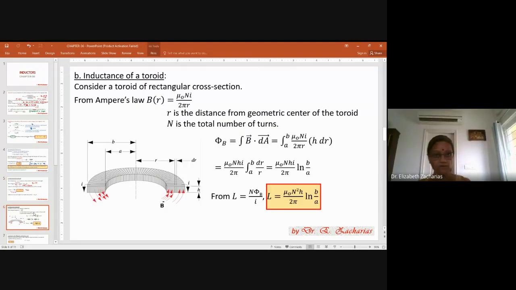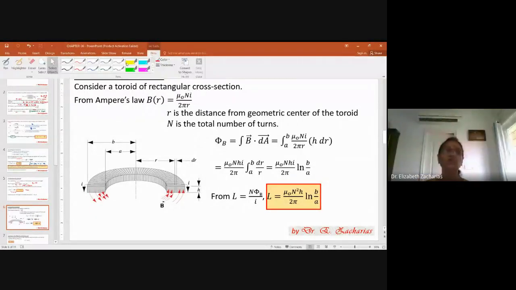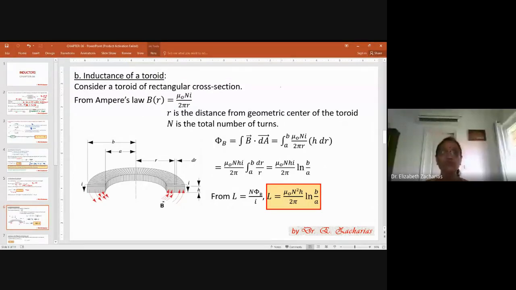Next, I told you two types of inductors we are going to see. One is over. The next is toroid. Toroid, I hope you remember from chapter number 33. In chapter number 33, we have seen that if you take a solenoid and if the solenoid is bent so that the ends meet, then what you get is going to be a toroid. And remember, toroid need not have a circular cross section.